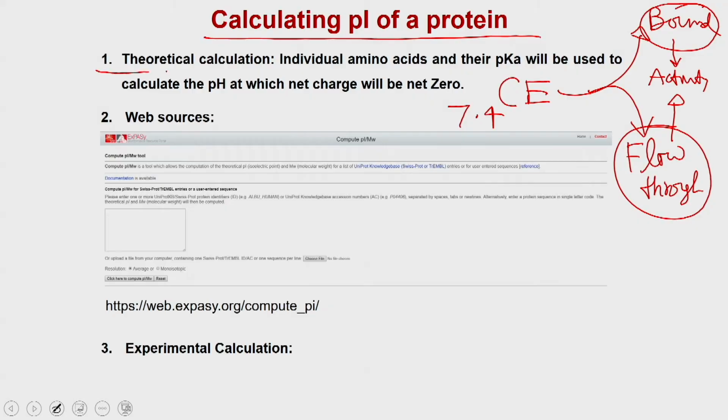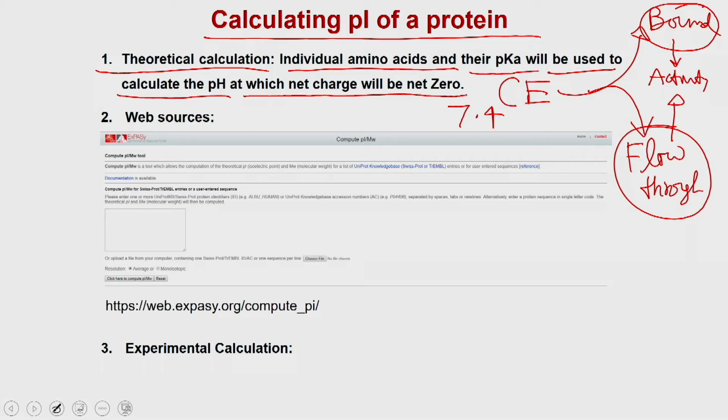The approach number 1 is theoretical calculation. You know that the effective charge of a protein is decided by the charge provided by the individual amino acids. So, what you can do is take the individual amino acids and their pK values, and that information can be used to calculate the charge on the protein at a particular pH, and by doing so you can calculate at which pH the protein is going to have a net charge of 0, and that would be the pI value.